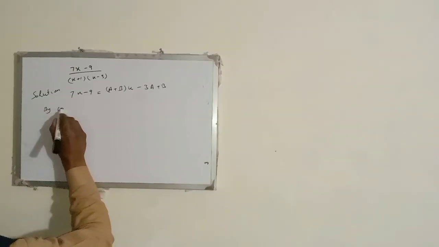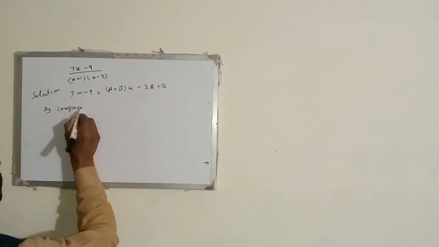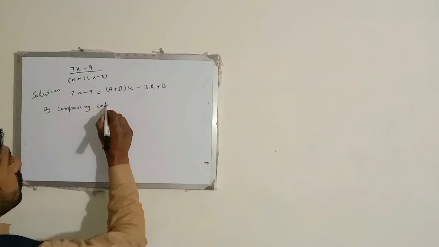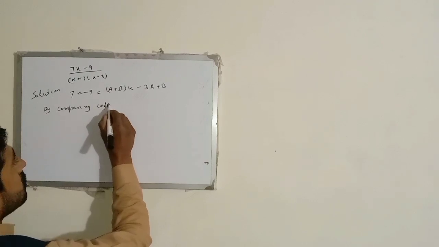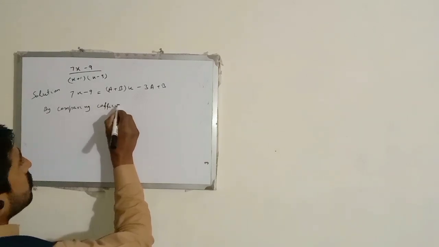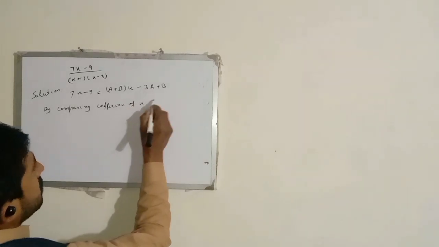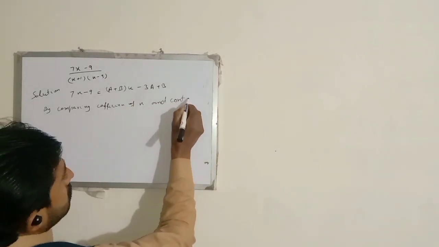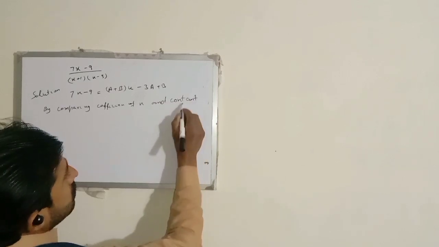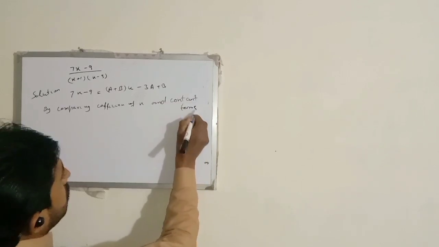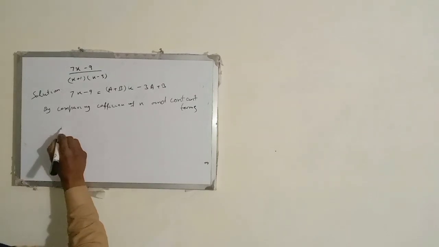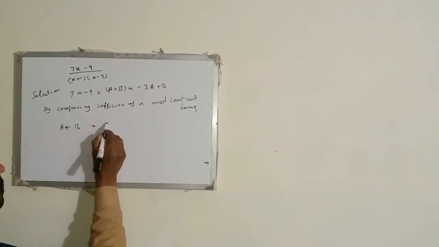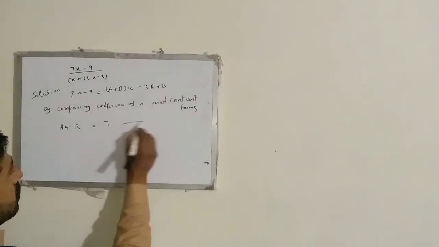By comparing the coefficient of x and the constant terms, a + b is equal to 7.